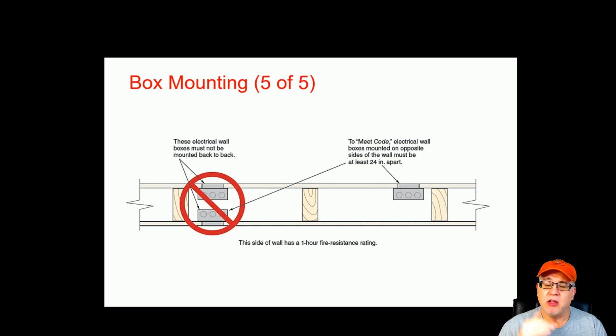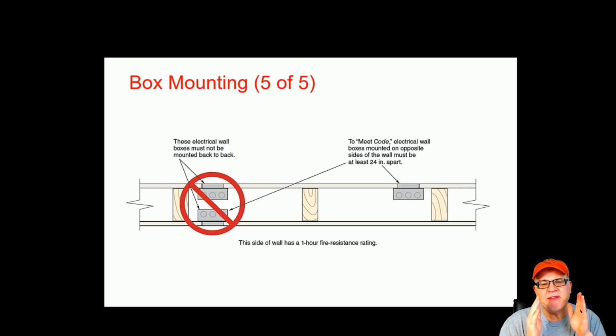Since it has a 1 hour fire resistant rating, and I have this box that's in the wall, you see the spacing between the wood studs in the wall. Now, to meet the code, the electrical boxes mounted on opposite sides of the wall must be at least 24 inches apart. Now notice the picture on the left. These boxes in the wall must not be mounted back to back.